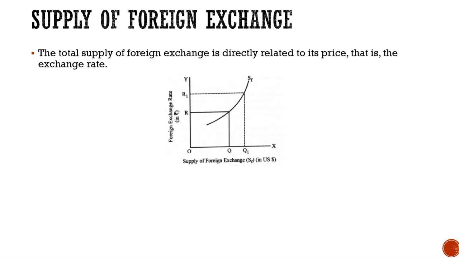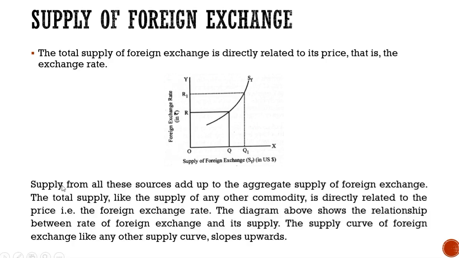Now, the total supply of foreign exchange is directly related to its price, that is the exchange rate. This can be understood with the help of the following diagram. The x-axis consists of supply of foreign exchange, whereas the y-axis represents the foreign exchange rate. Now, the supply from all these sources add up to aggregate supply of foreign exchange.